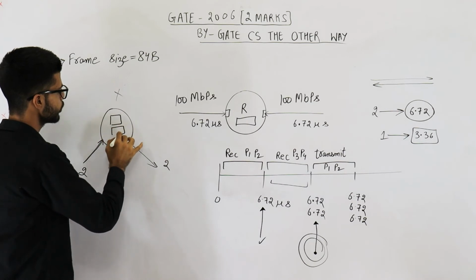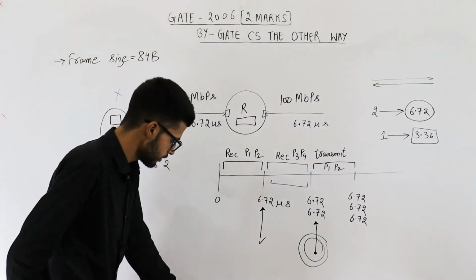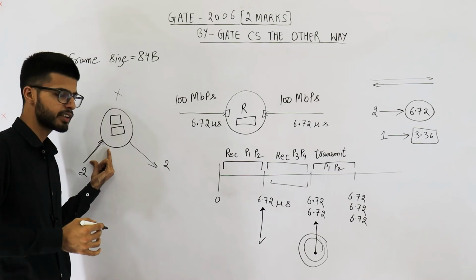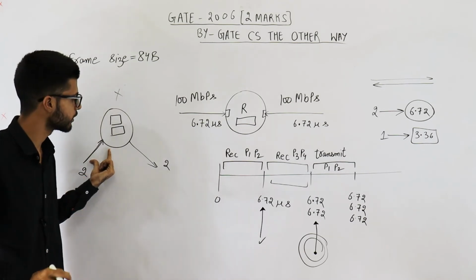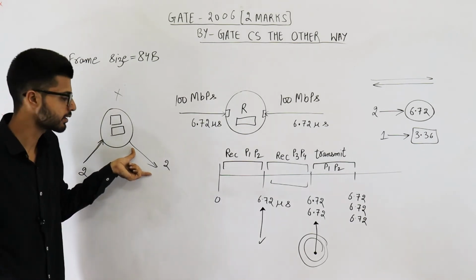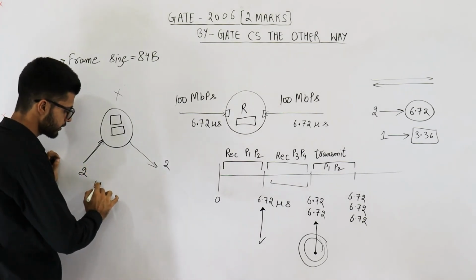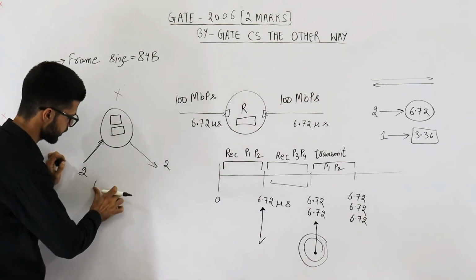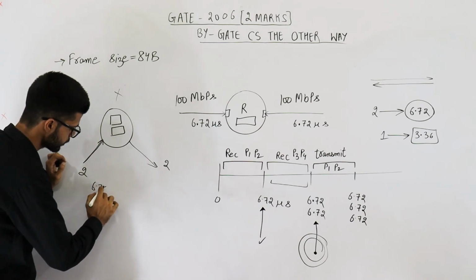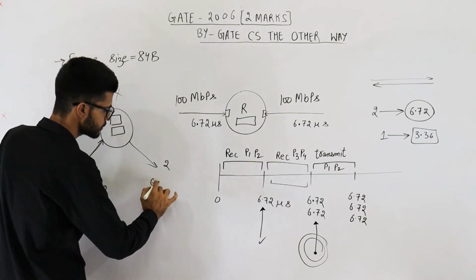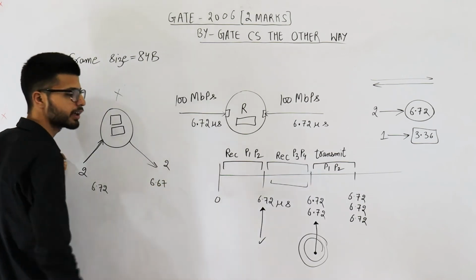So here you have two packets. Suppose the receiving of this packet has just now started and you have just now started transmitting a packet. The receiving will take 6.72 microseconds. Here also transmission will take 6.72 microseconds.